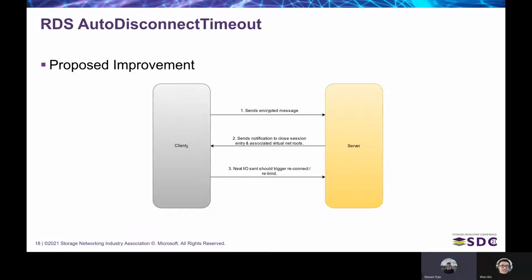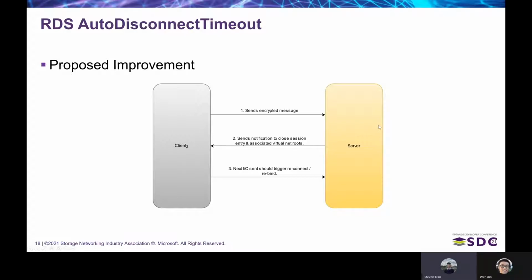And let's say the SMB client sends the encrypted message to the server, as you can see in step 1. While the server still does not know how to decrypt this request, since it no longer has the session key, it will send back a notification to the SMB client, as noted in step 2, to close the session entry and associated virtual net routes on the SMB client.